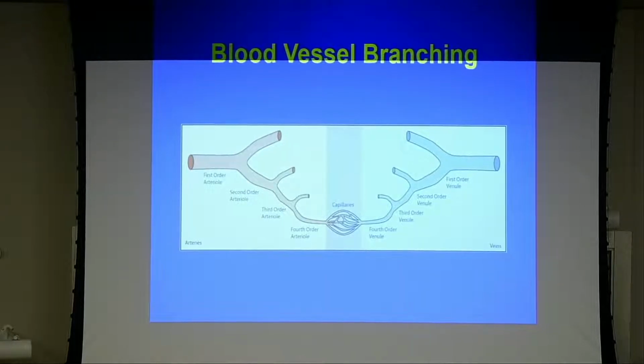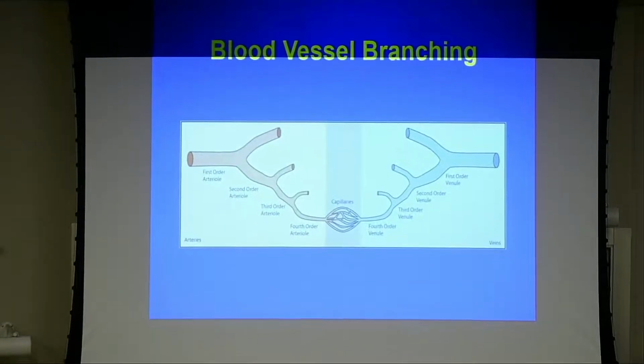Now, as we walk through this, one of the things I want you to recognize is that with all the branching, the surface area of those tubes gets greater and greater and greater. You have a tremendous surface area of the tubes out in that branched vasculature. And as the blood is moving through all of these branches, some of that blood is going to be against the walls of those tubes.